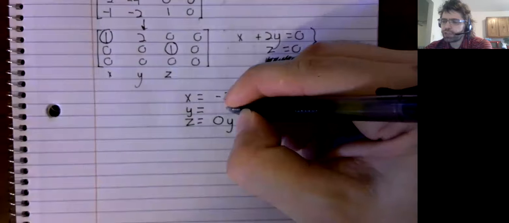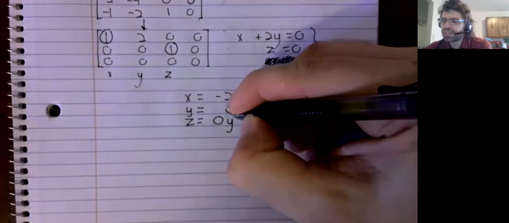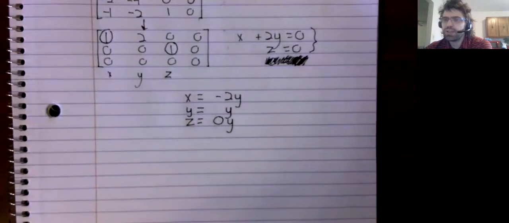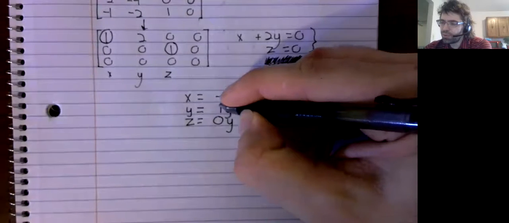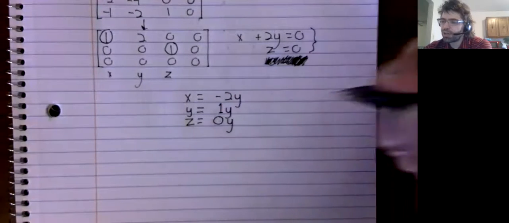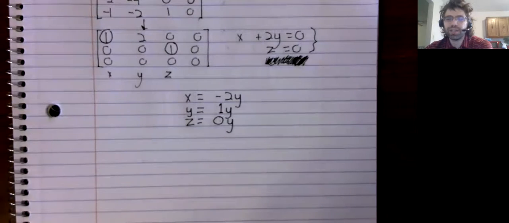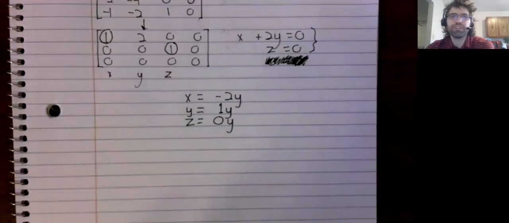Well, at the very least, we can say that y is equal to itself. y can be anything, but at the end of the day, y has to be y. And we'll put a coefficient 1 in front of that y.